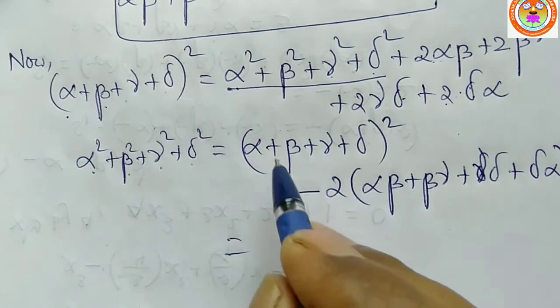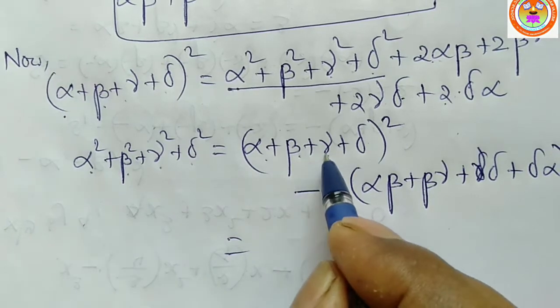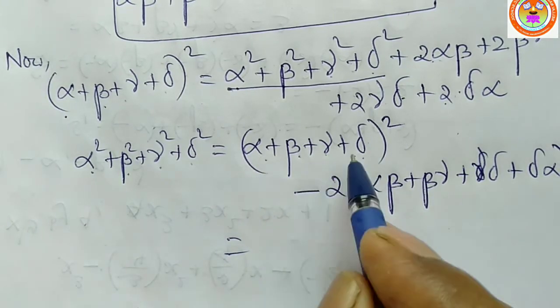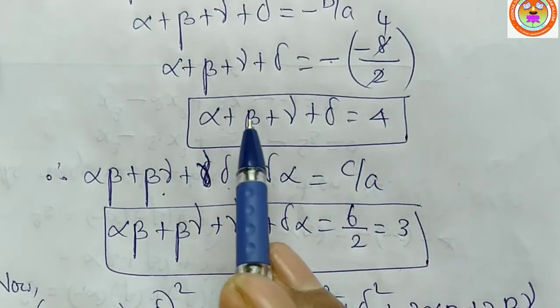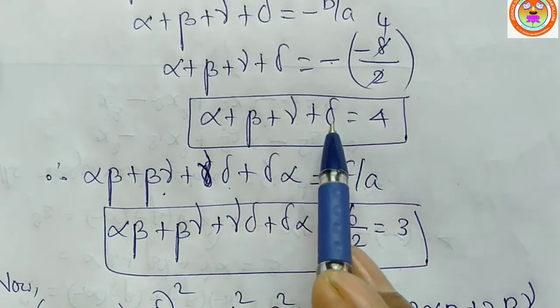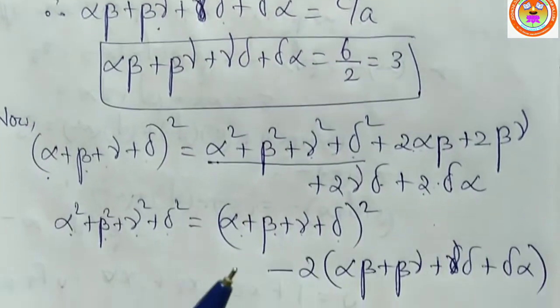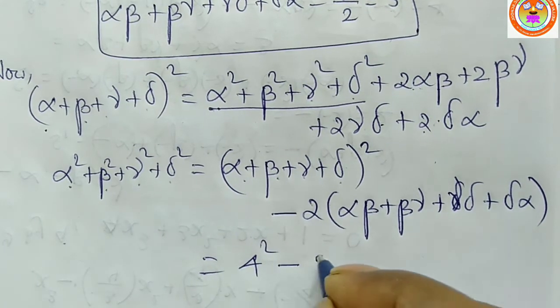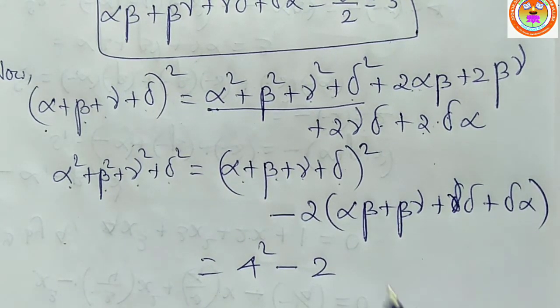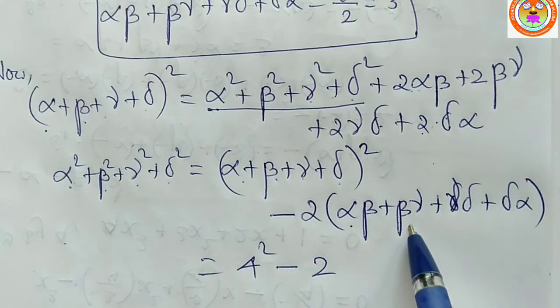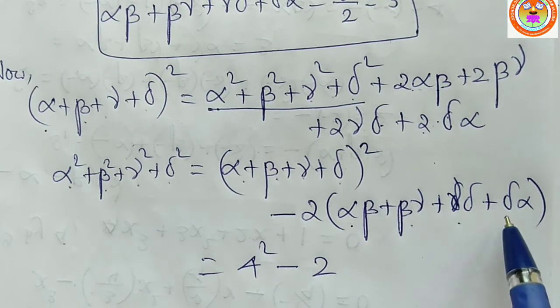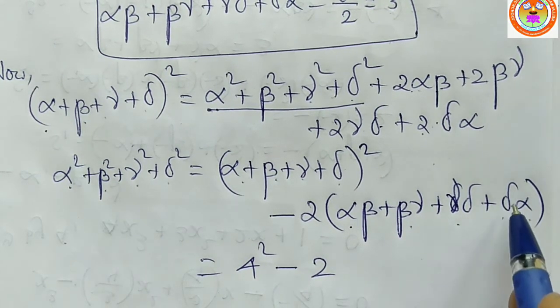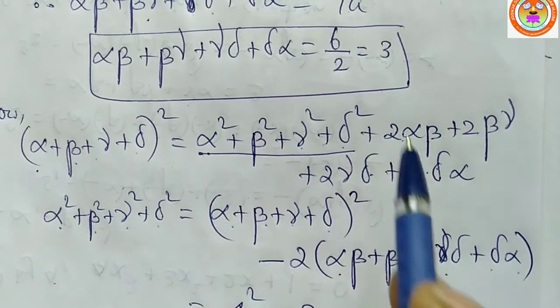So, alpha plus beta plus gamma plus delta is equal to 4. So, 4 square minus 2 into alpha beta plus beta gamma plus gamma delta plus delta alpha. This value is 3.